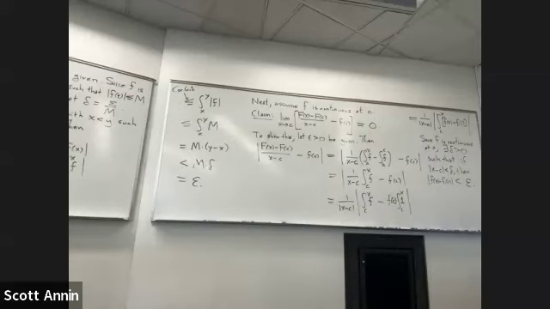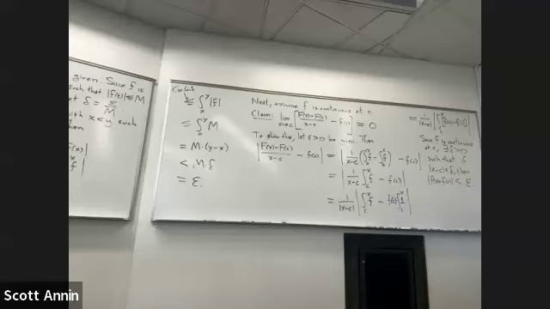So let's just continue over here. So thus, if absolute x minus c is less than delta, then 1 over absolute x minus c times the absolute value of the integral from c to x of f of x minus f of c is less than 1 over absolute x minus c times the absolute value of the integral from c to x of epsilon.